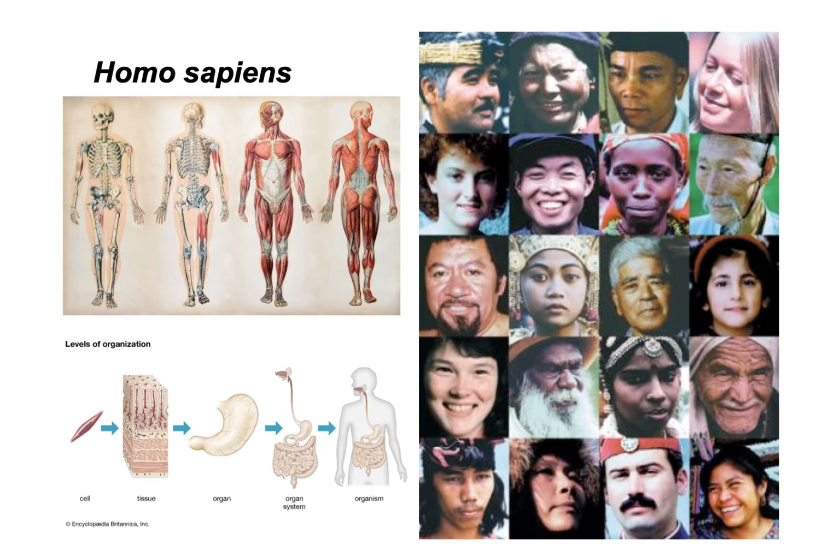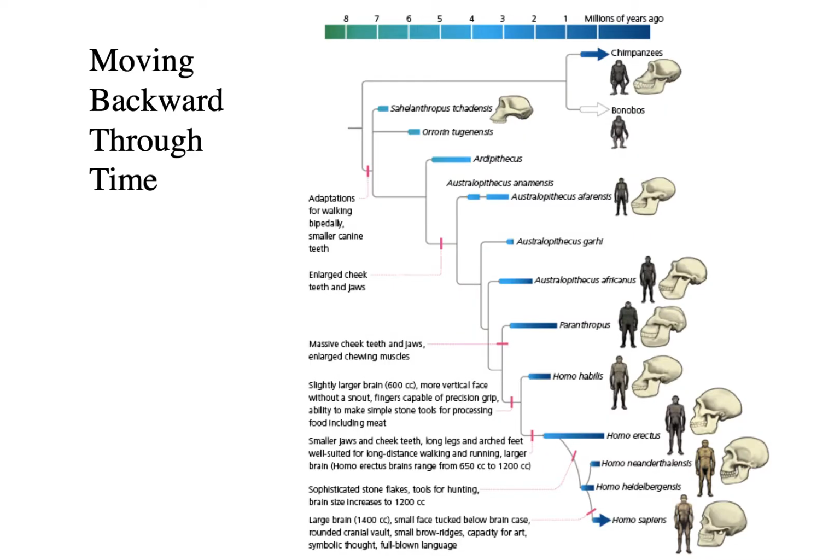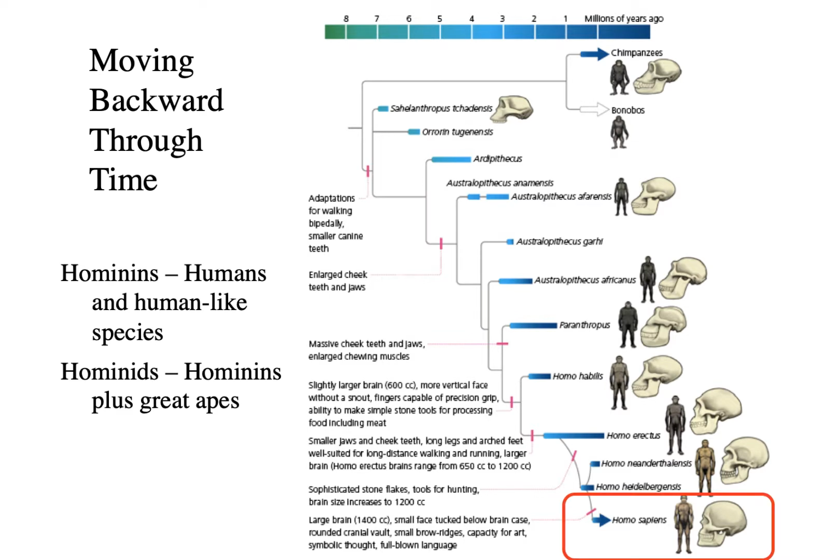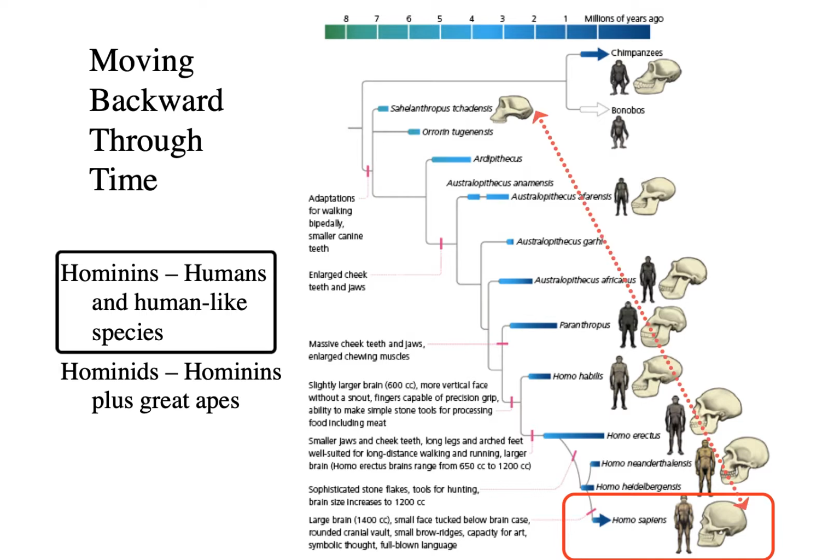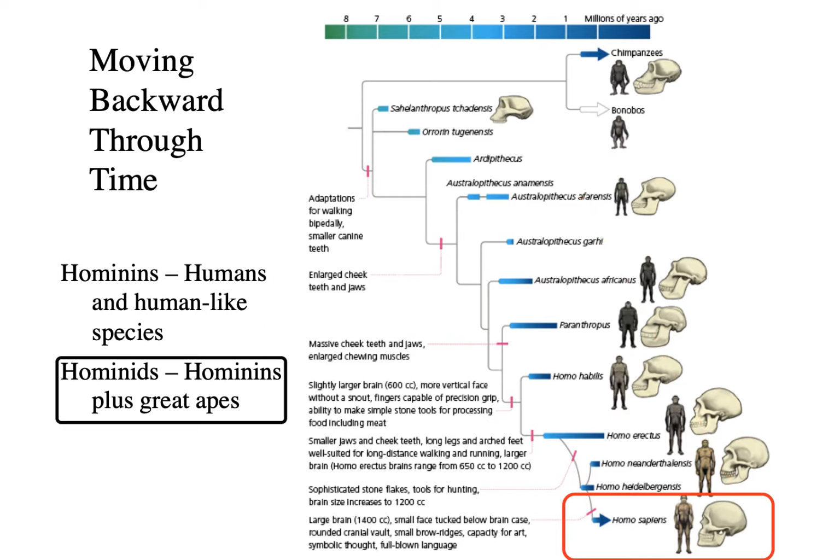So just so that you can relate, here are the humans, and I want to show where those are in relation to other organisms. Here's a phylogenetic tree moving backwards from humans, and so we're way down here. A short branch on what are called the hominins, the human-like species down here. And we're also related to the hominids, which include the great apes as well.